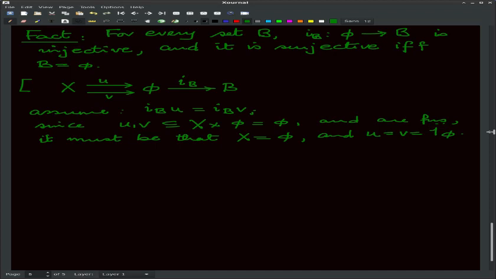So immediately you assumed this and you have also proved this. So IB is an injection.